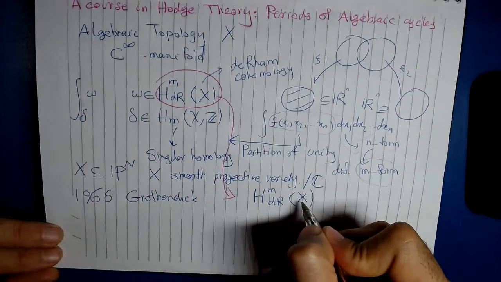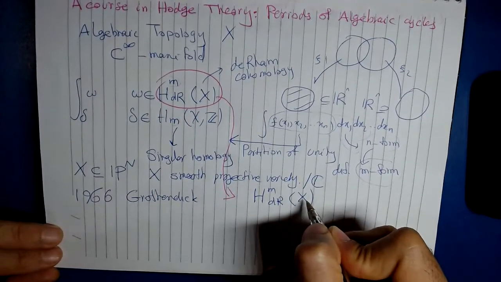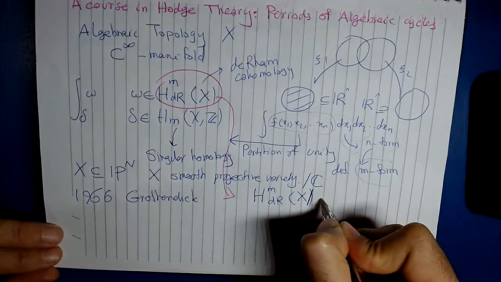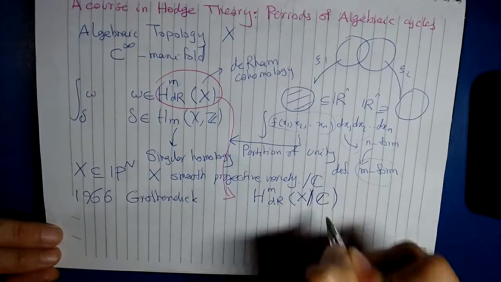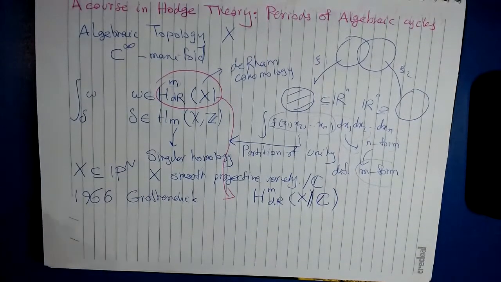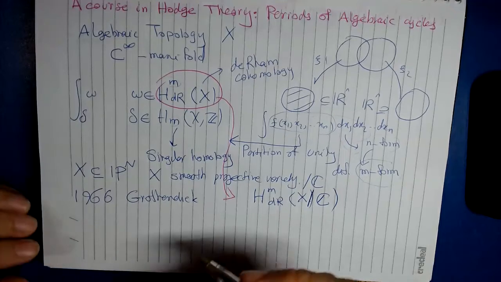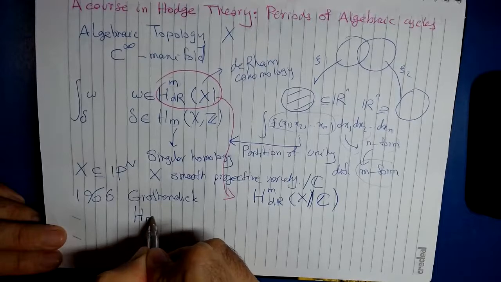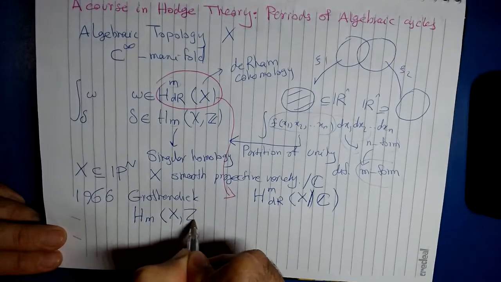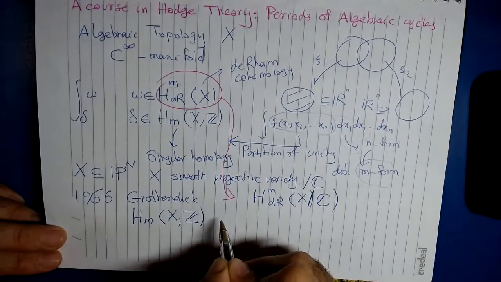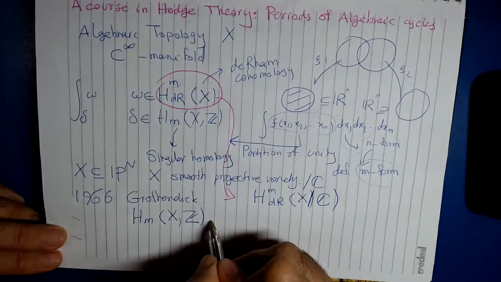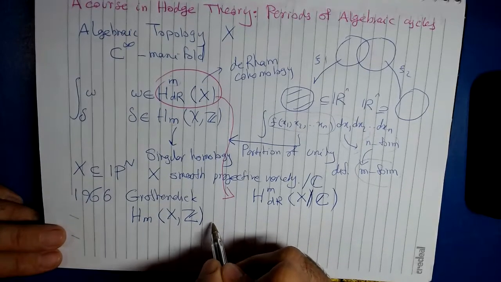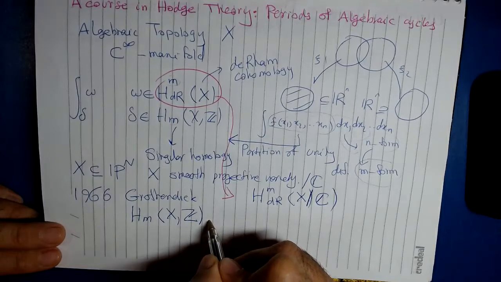And usually when we want to write the algebraic de Rham cohomology, we put this slash over C. At the same time, Grothendieck and the people around him realized that singular homology is something typical to topology, and there is no equivalent version of it in algebraic geometry.